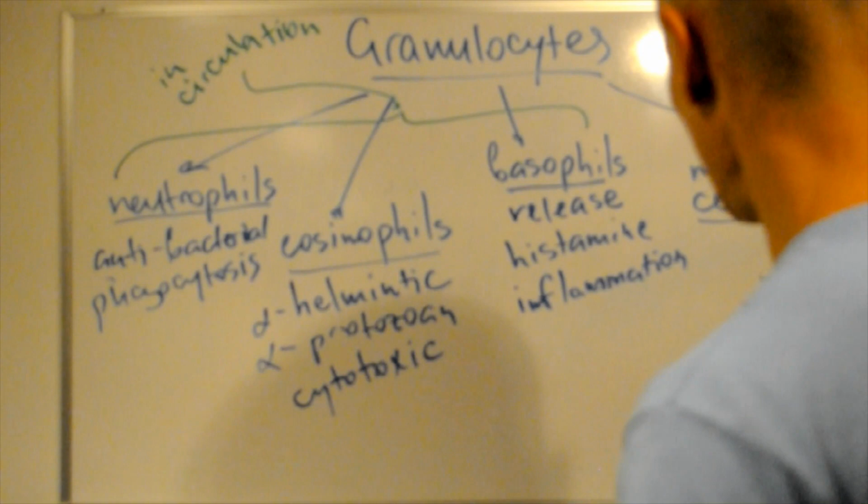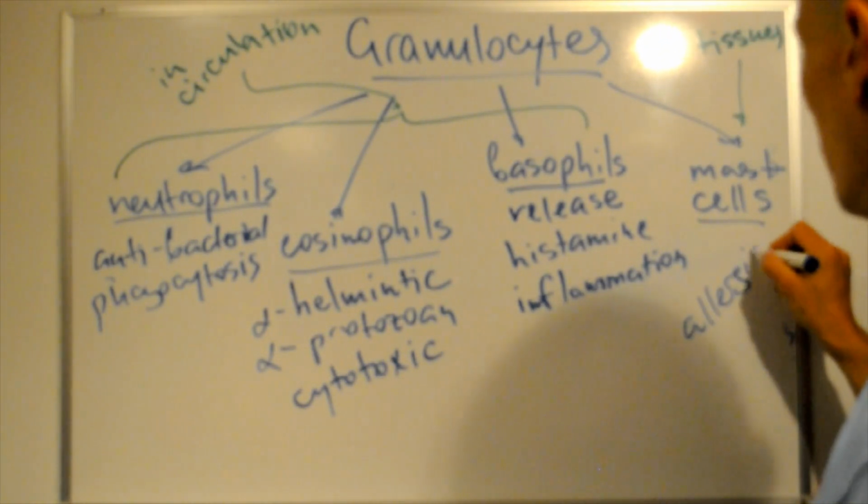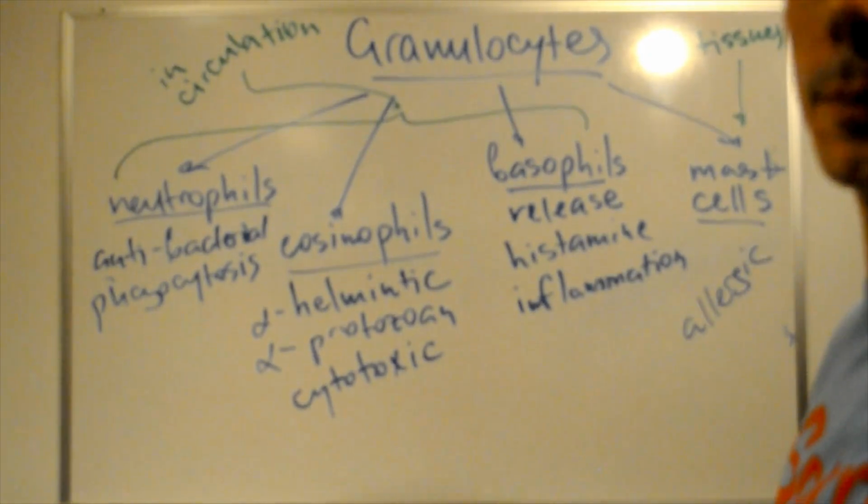And finally, mast cells, responsible for the allergic responses in the tissue when you have a runny nose as the result of a seasonal allergy. That will be mast cells.